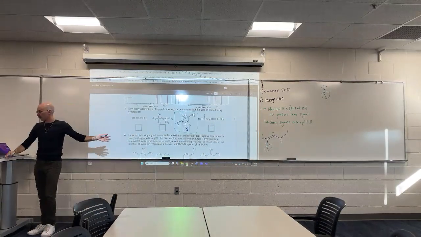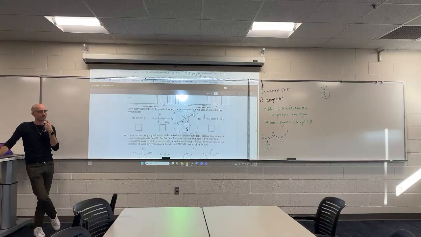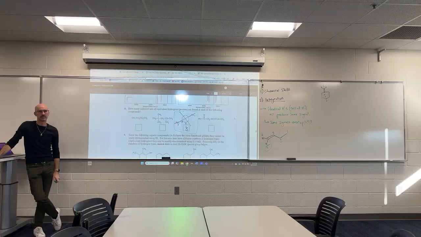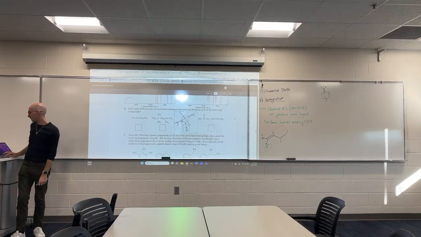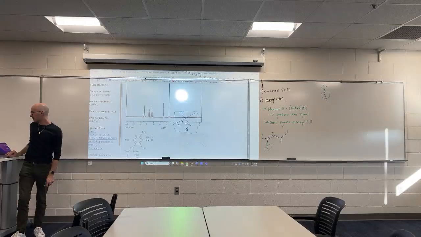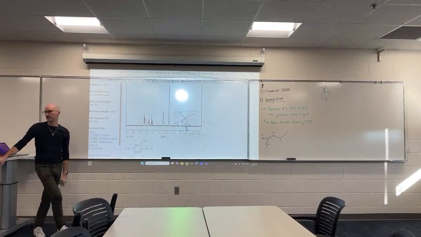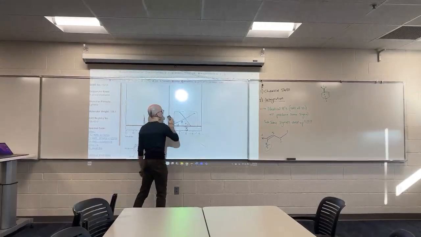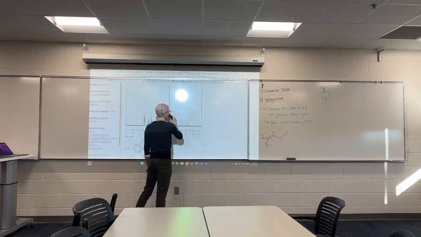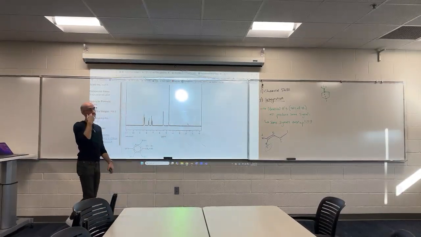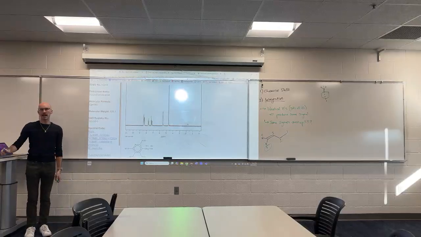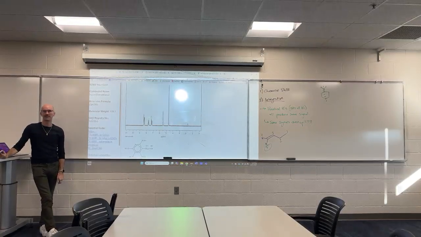So it's nice to take a problem like this and say, how many signals should I expect to see? But that guess does not always reflect into what you actually see. I expected 6, I saw 5. And this is where the value of integration comes in. Any math fans in here? Tell me what integration is.